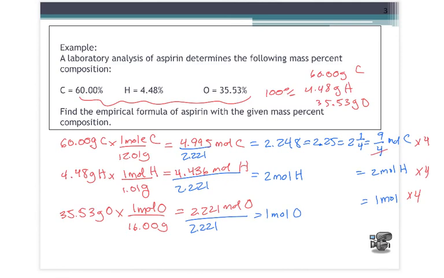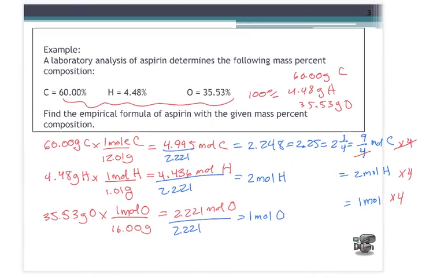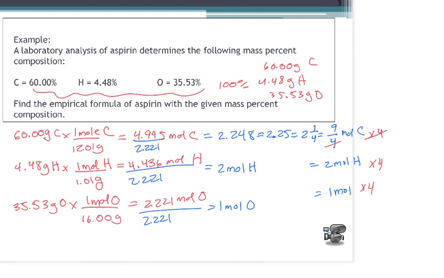So here this cancels out, and we have 9 moles of carbon. Here this becomes 8 moles of hydrogen. And here this becomes 4 moles of oxygen.